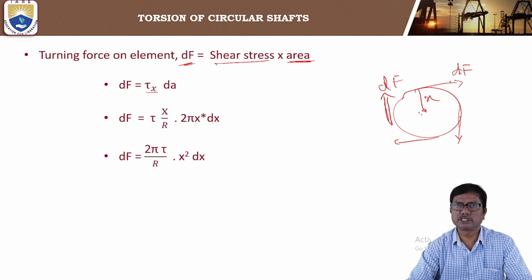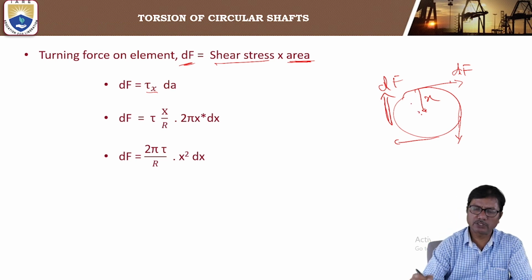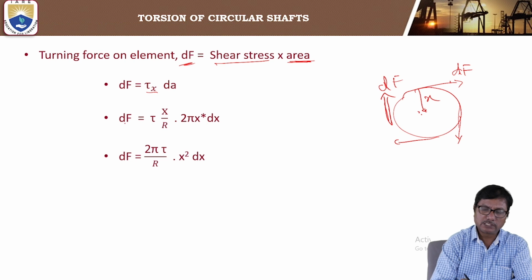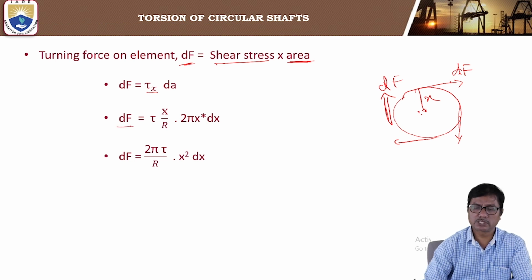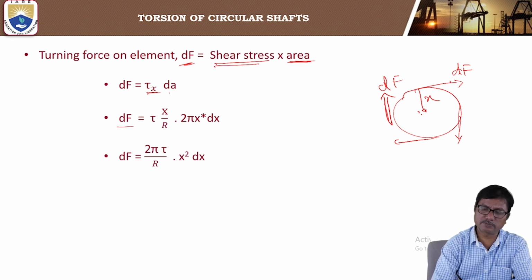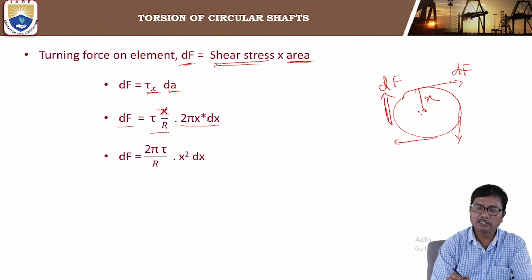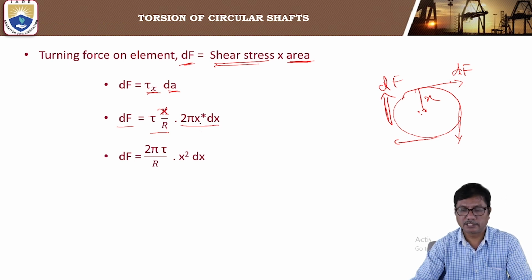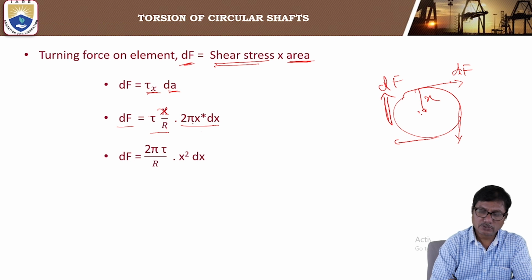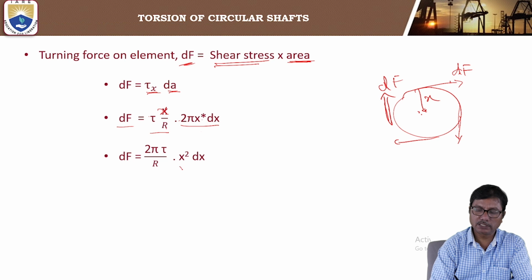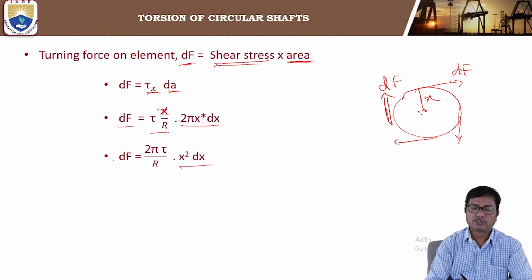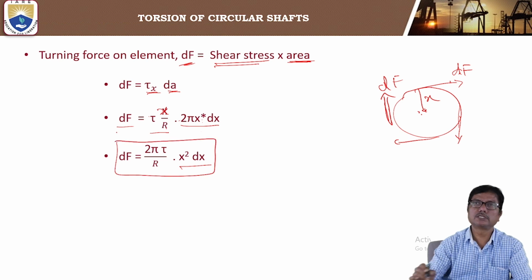So what is dF? The force dF is shear stress tau x multiplied by area. Tau x is tau by R into x, and the area dA is 2 pi x dx. So dF is 2 pi tau by R into x squared dx. This is the force on the elemental ring.